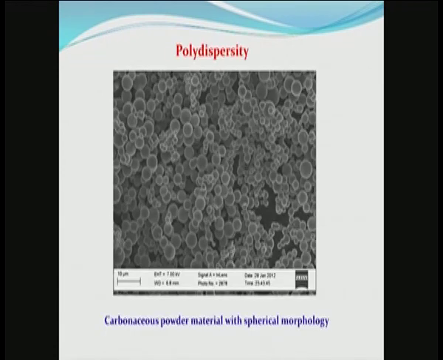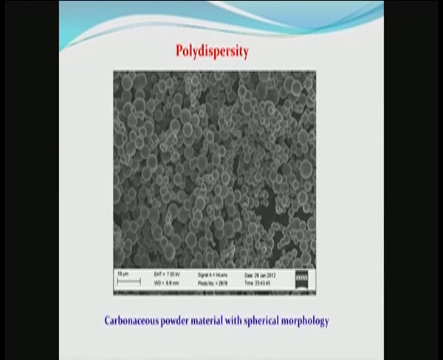Now, let us look at an image of a polydisperse sample. These are not crystals, these are actually spheres prepared by a certain CVD process, but what I want you to note is that there is a considerable distribution in the size of these spheres. So, this indicates polydispersity.